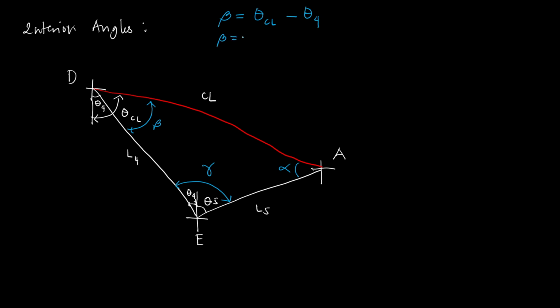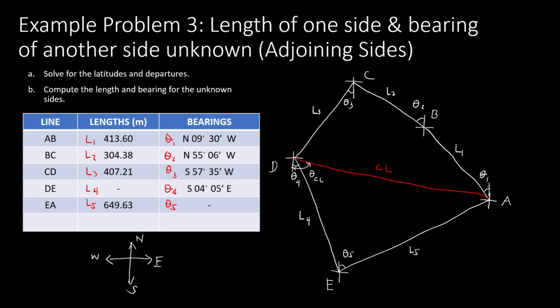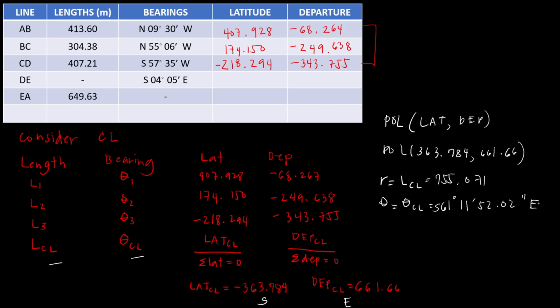So, makukuha natin yan. So, ito yung theta 4 natin. And then, ito yung CL natin, yung 61 degrees. So, ito, store natin sa D. Ayan. So, shift, store sa D. Ayan.